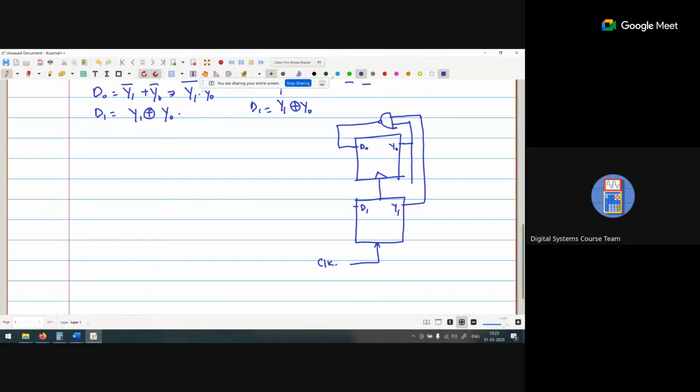Y0 we are getting from here, and y1 we are getting from here. We are using the XOR gate and connecting it to D1.